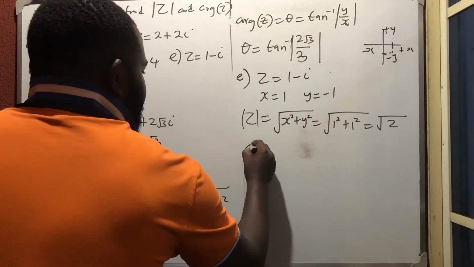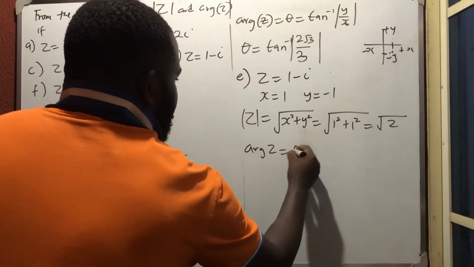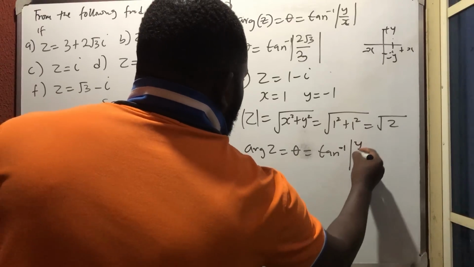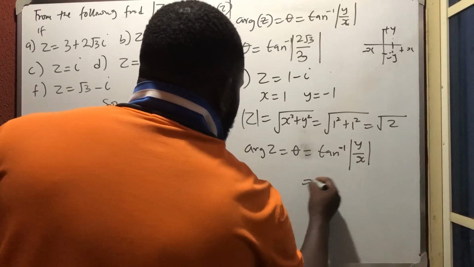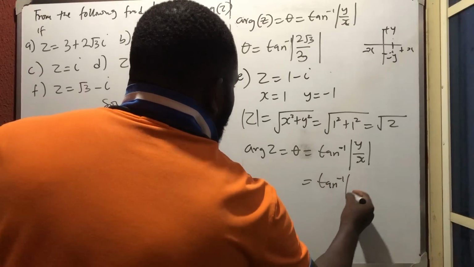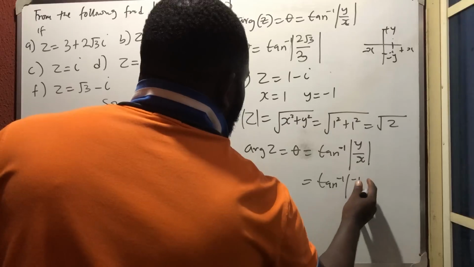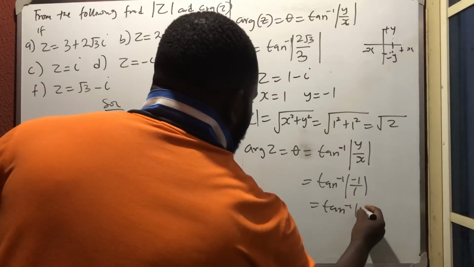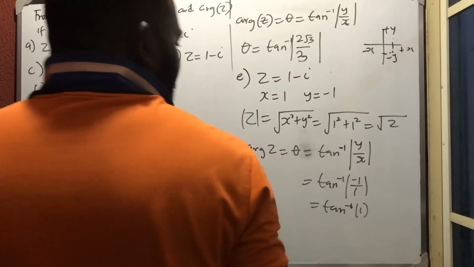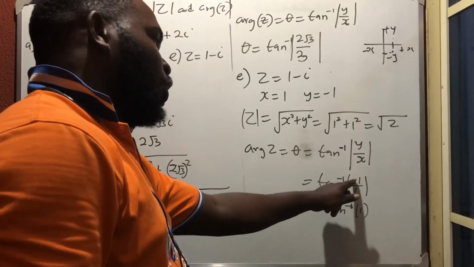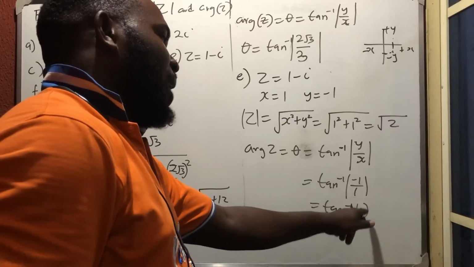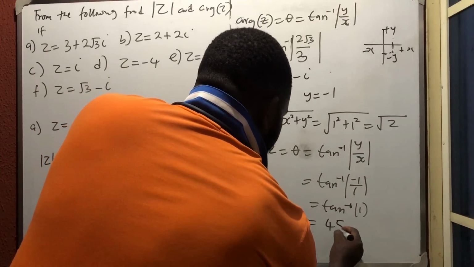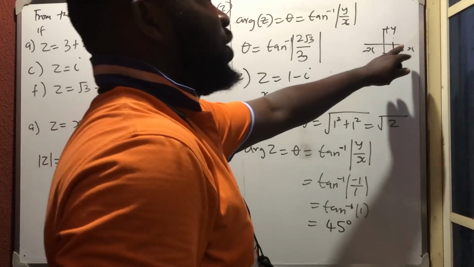Then my argument of z is simply theta, the tan inverse of the absolute value of y over x, which is tan inverse of minus 1 over 1, which is tan inverse of 1, because we are using absolute value, and absolute value means we don't need the minus. So 1 divided by 1 is 1, and tan 45 is 1, so it gives me 45 degrees. But this thing fell in the fourth quadrant.